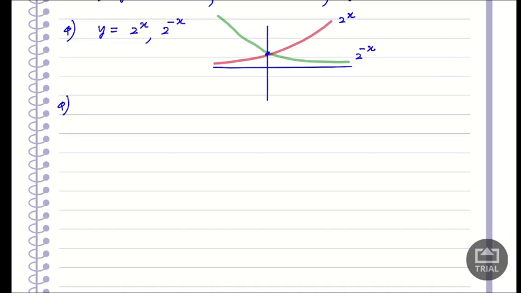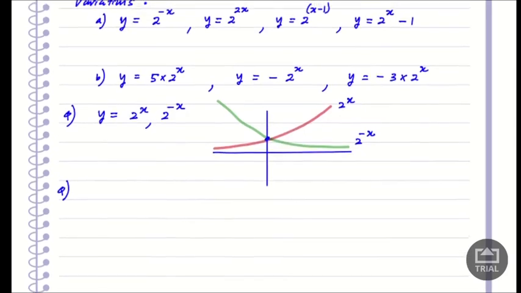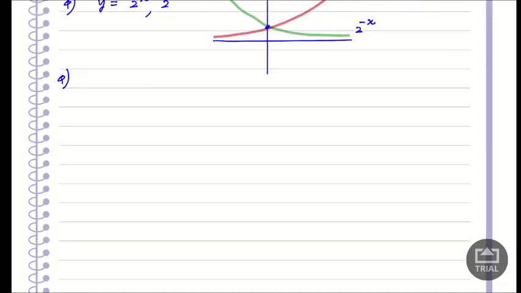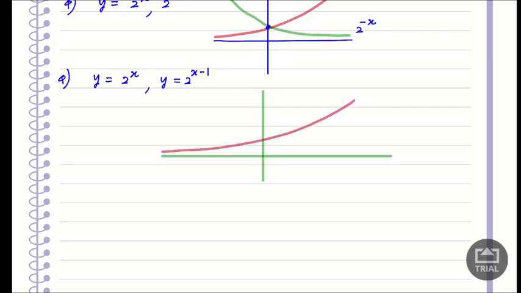Then if you want to have, let's say, y is equal to 2 to the power x, right? Y is equal to 2 to the power x minus 1, right? So let me plot 2^x. So 2^x looks like this, right? So 2^(x-1) means, what is happening?